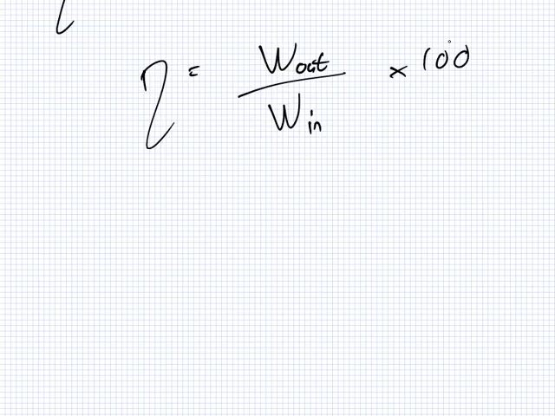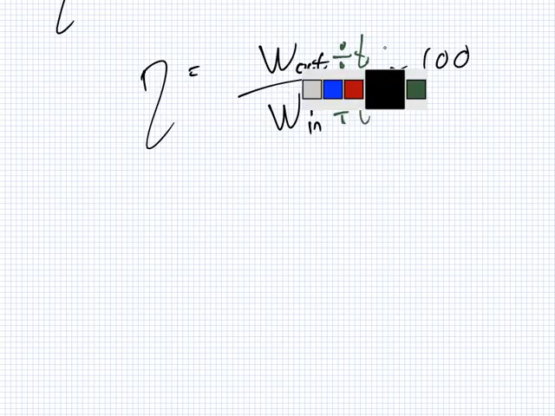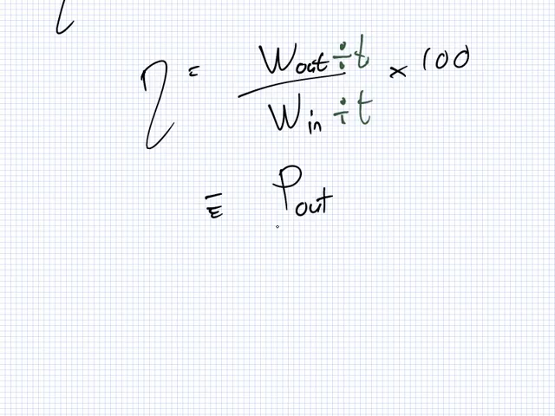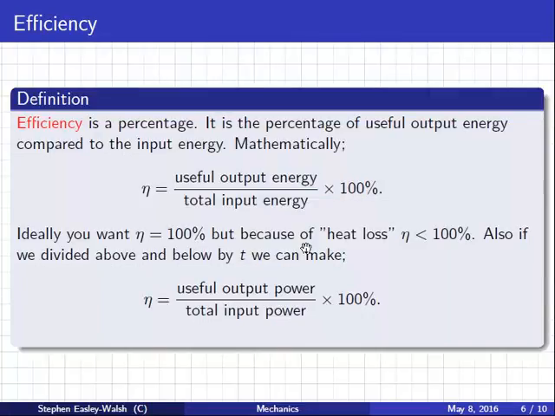But if you divide the top by T and the bottom by T, what do you get on the top? Work divided by time? Power. So power out over power in. So you can use work or power for this formula. Just make note of that. You don't have to write this again. You can use power instead if you want.